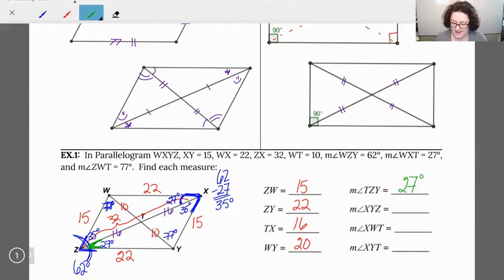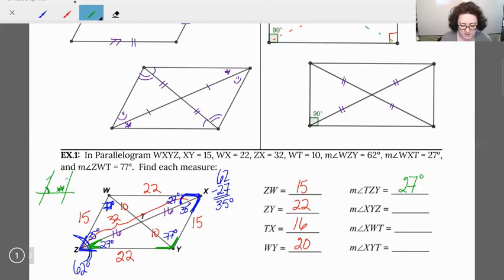Okay, angle XYZ. So XYZ is this bottom angle. Yep, we're going to have to do a little bit more math. So here's the thing, we have two pairs of parallel lines on here. So all of our other properties are still going to be true. So if I know that I have parallel lines, for example, if I look at those bottom two parallel lines, I know this angle is 62 degrees. So what does that tell me?